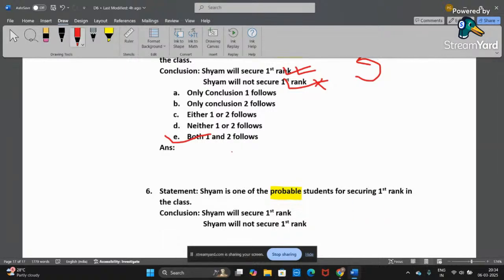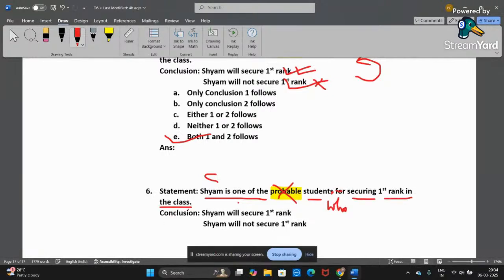See, in this, instead of the word probable, suppose they have given: Sham is the one student who secured first rank in the class. We'll modify this statement: Sham is the one student who secures first rank in the class.